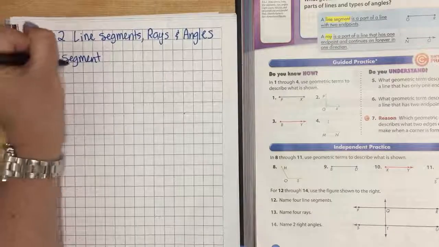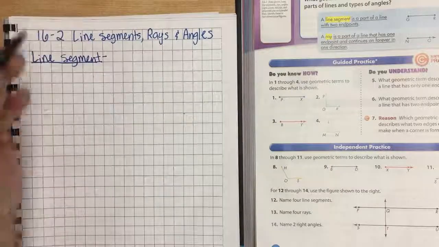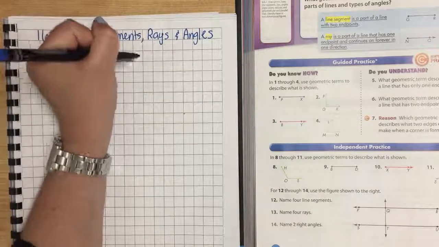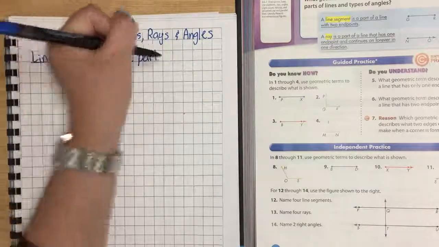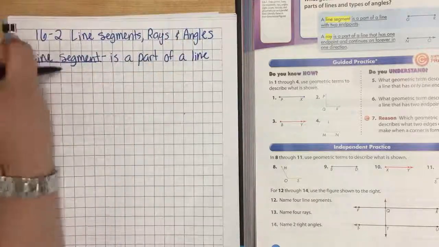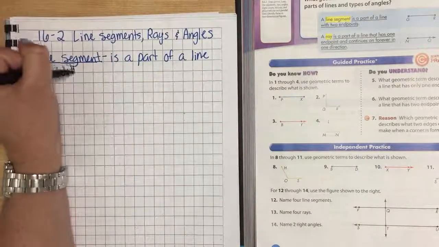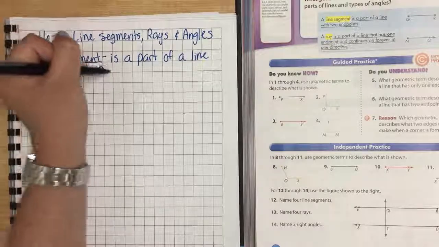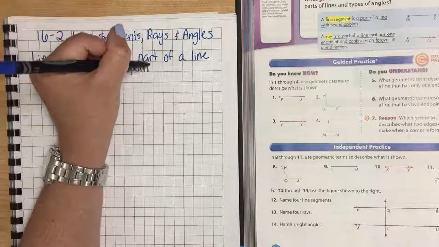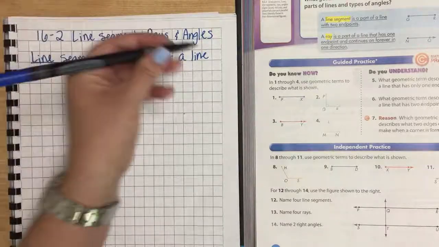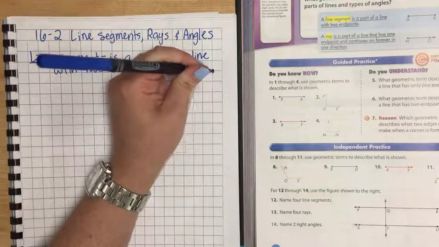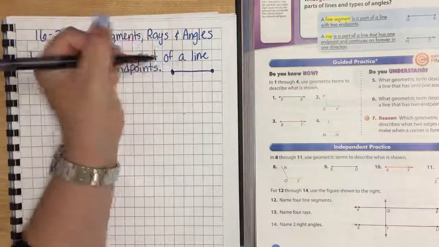Line segment. A line segment is a part of a line with two endpoints. An example is draw a straight line with a dot on one end and a dot on the other.